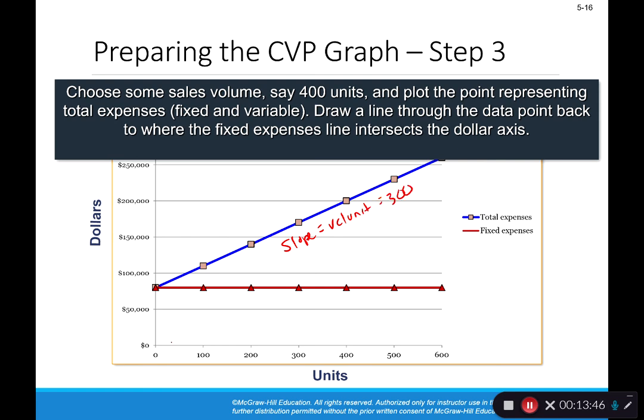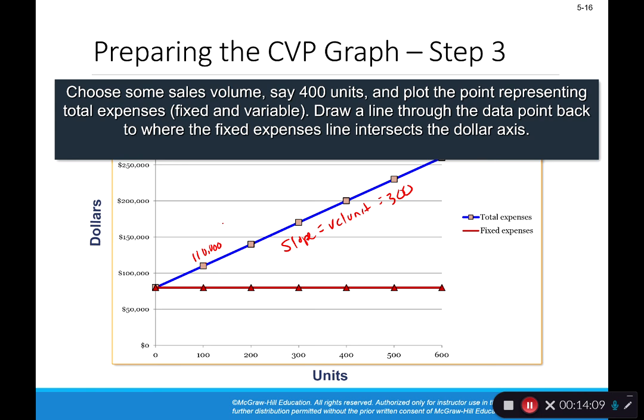So if we go over 100 units, we're going to go up by 300 times 100, or $30,000. So this dot here would correspond with 110,000. It would be the 80 fixed cost plus the additional 30 in variable cost.